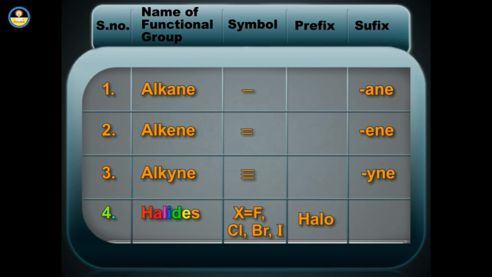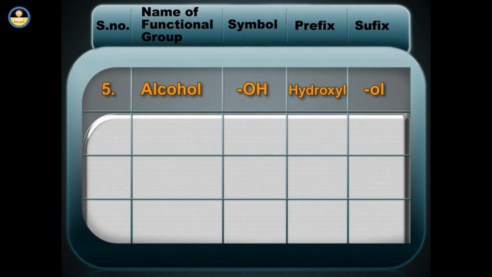For the functional group halides, the symbol is shown in the table. Its relevant prefix is halo. For alcohol, its relevant prefix is hydroxyl and relevant suffix is -ol.